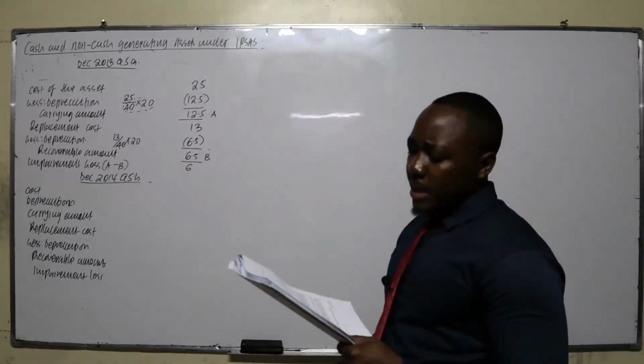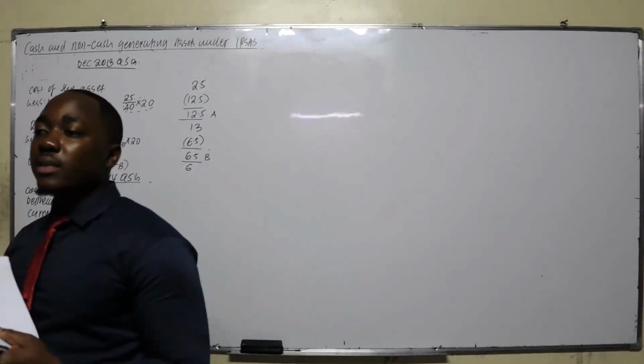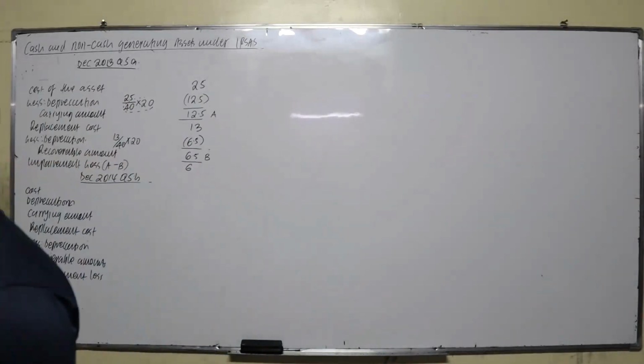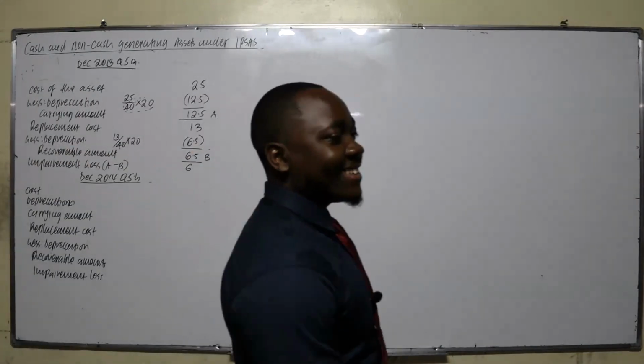With reference to IPSAS 26, impairment of non-cash generating assets. 1. Explain the meaning of cash generating assets. What's a cash generating asset?